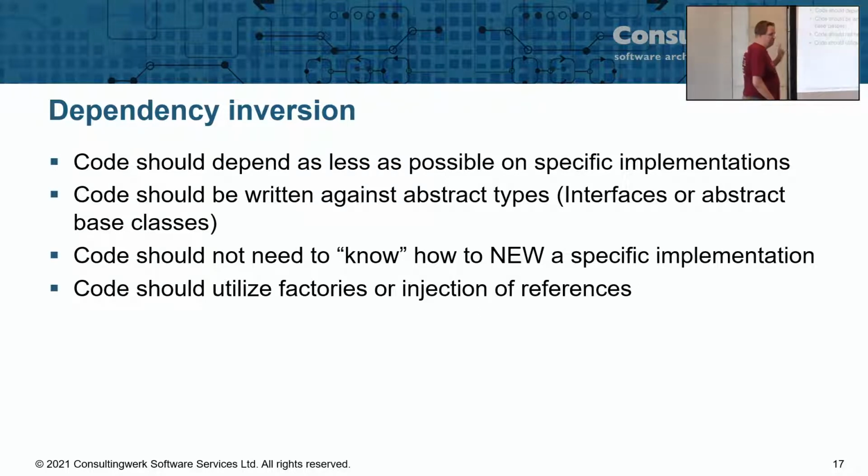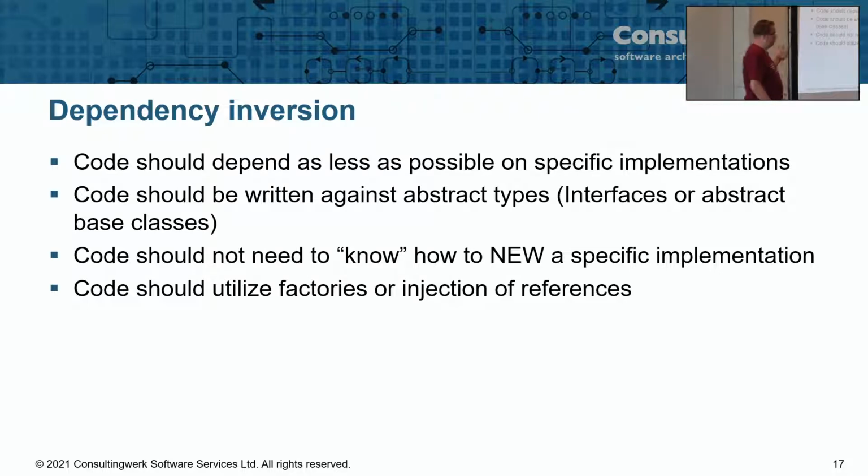There may be excuses. Maybe your implementation is in two classes and you say these are really tightly coupled and I don't want to swap out anything here, then there may be excuses for that. So this should not be like a law, it's more like a recommendation. But every new would be suspicious based on dependency inversion.